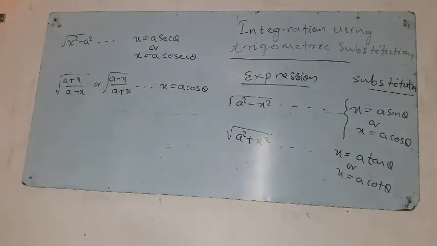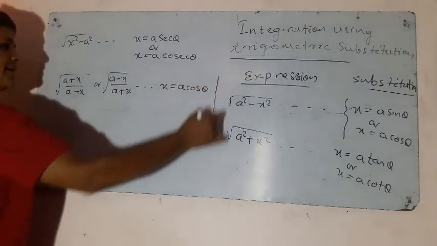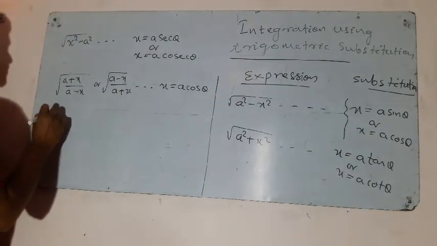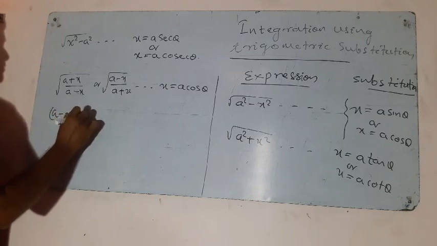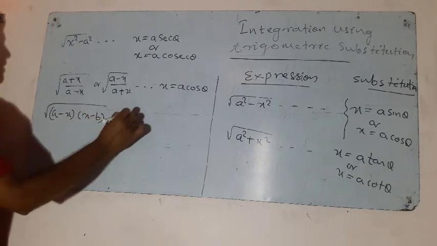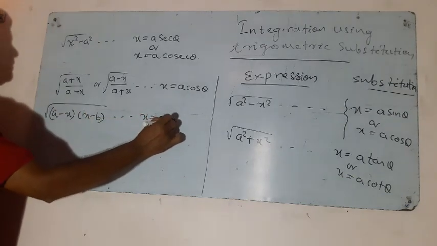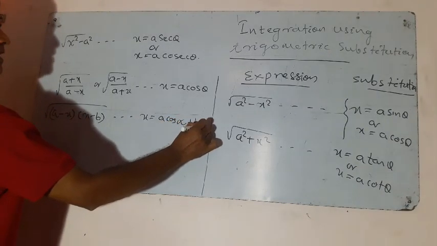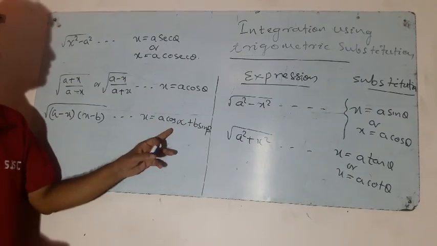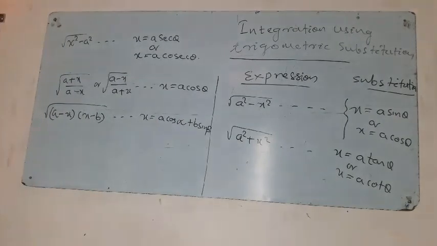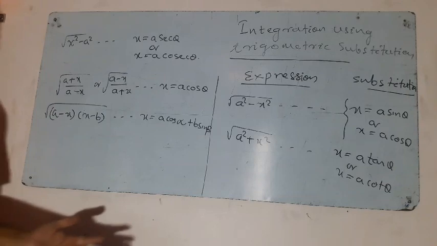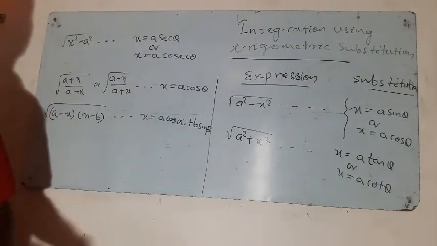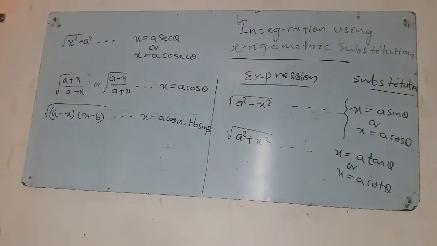Next, in case of root over of x minus a into b minus x, x will be a cos alpha plus b sin beta, or you choose a cos beta plus b sin alpha. This is the expression and the substitution. Suitably we substitute the value and then integrate after the simplification.